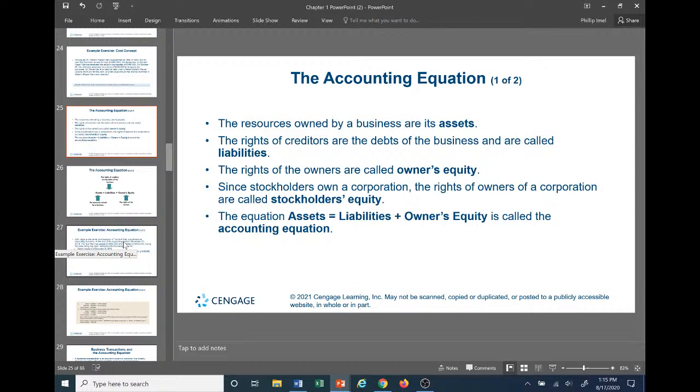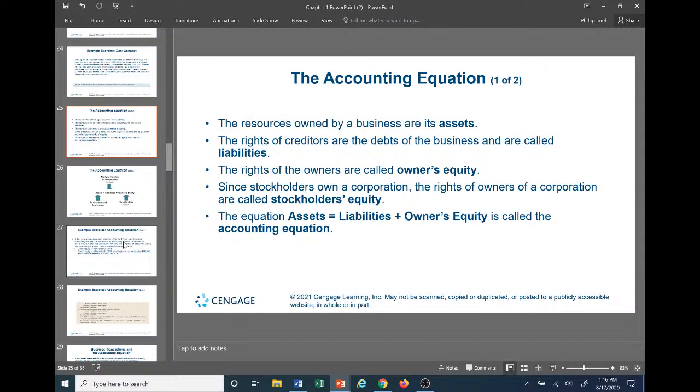The resources owned by a business are its assets, right? Assets are something of value that a company expects to turn into value. So the resources are known as assets. The rights of creditors are the debts of the business, and they are called liabilities.